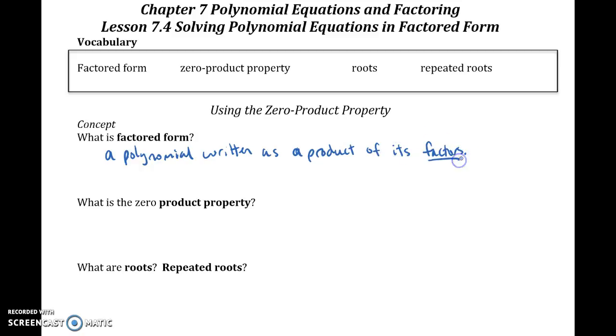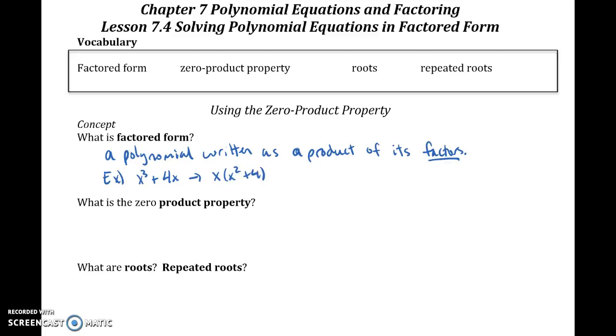And do you guys remember what factors are? Remember, factors are what you multiply together to create a product. What are two things multiplying equal to? So for example, factored form of something like x to the third plus 4x would be x times (x squared plus 4).